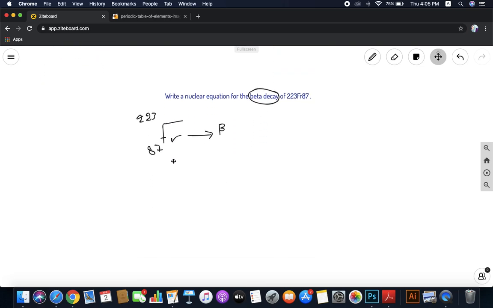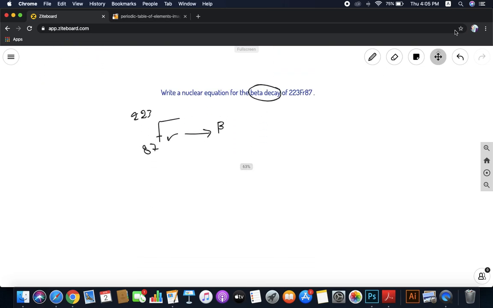Beta from our table here is 0 atomic mass and -1 the charge. So here I will write 0, here -1. Everything I wrote now is from the question. The new thing is the new atom. Now, what you have to do is check the conservation of mass law. 223, 0, so here it will be 223.